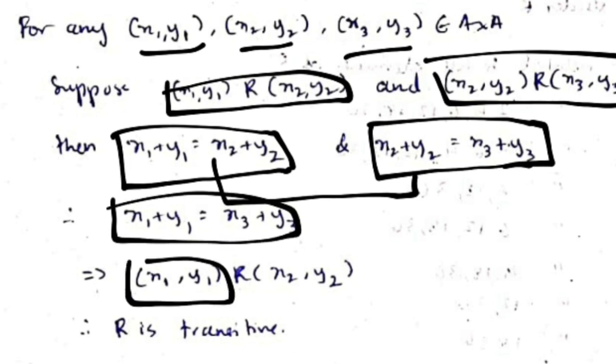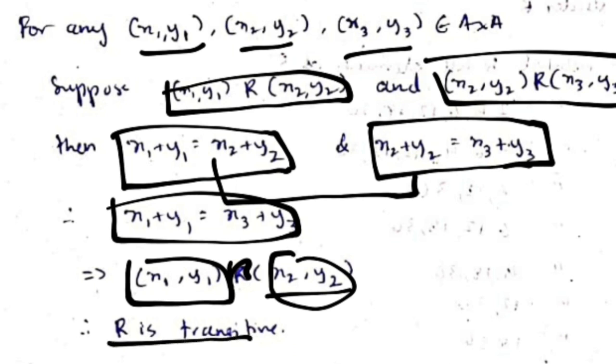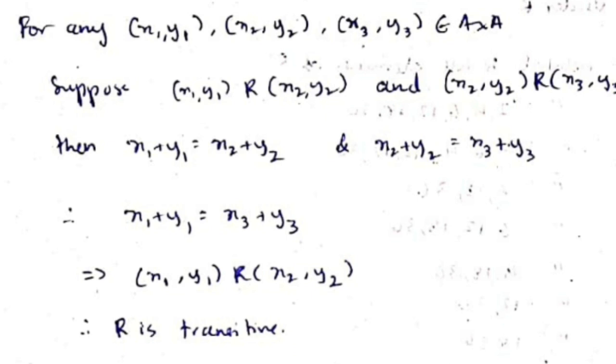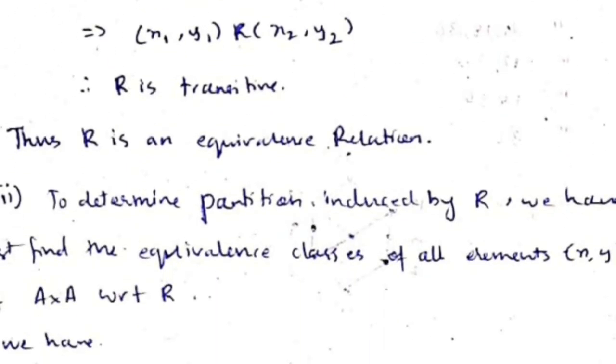Therefore (x1, y1) is in relation with (x3, y3). Therefore R is transitive, and since we have proved that it's reflexive, symmetric and transitive, therefore R is an equivalence relation. Now our next question is to determine the partition induced by R.